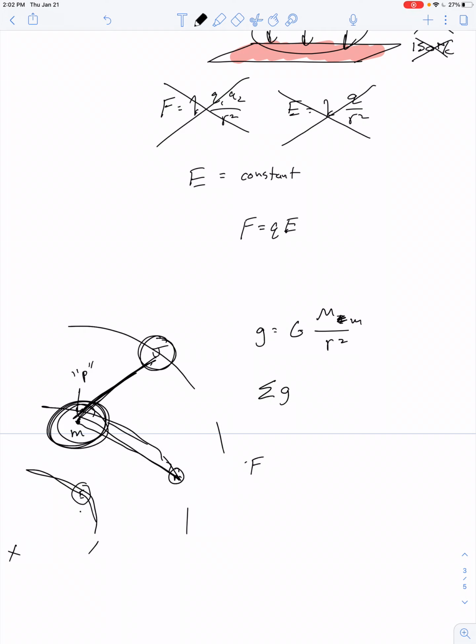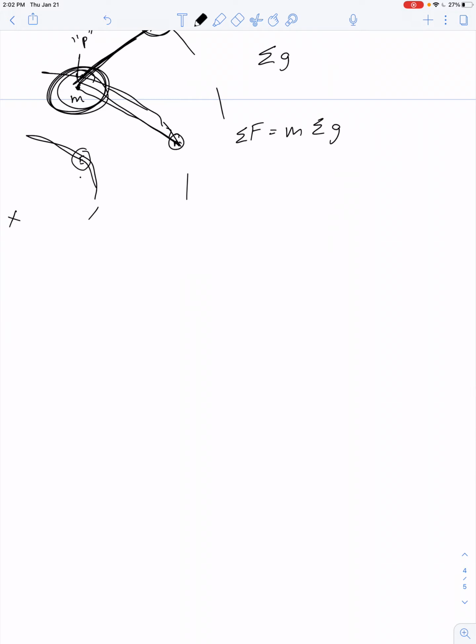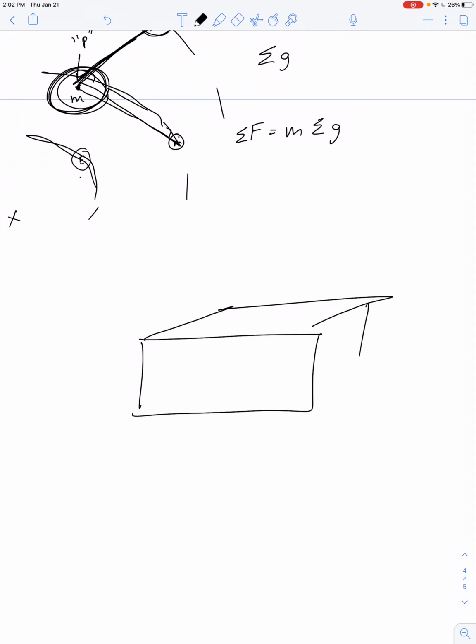So in the end, the net force acting on the satellite will be the satellite's mass times that net gravitational field. But we certainly wouldn't do that to figure out what's the force on an object that's released from rest in this classroom, for example. Okay, so the gravitational field is just uniform inside of a classroom.